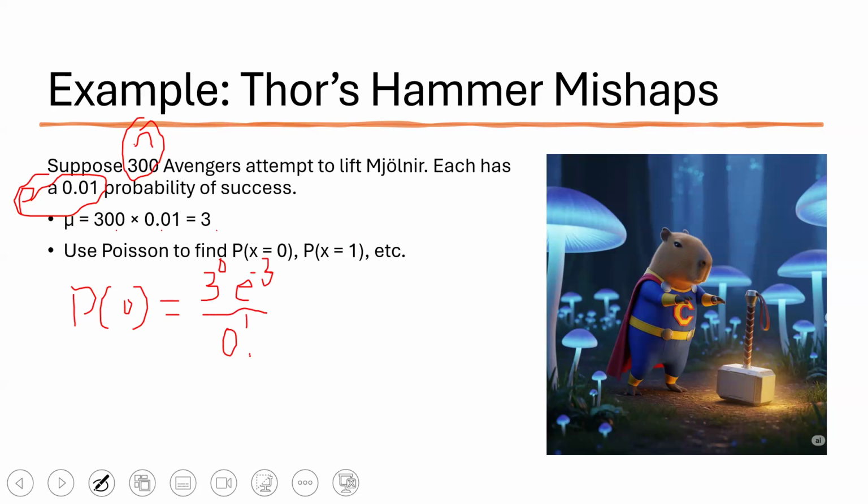By the way, remember that anything to the power of 0 other than 0 is a 1, and 0 factorial is a 1. So this is really just e to the negative 3. That's about 0.0498. So there's about a 5% chance that none of the 300 Avengers lift the hammer. Not even Spider-Man. And tough crowd.